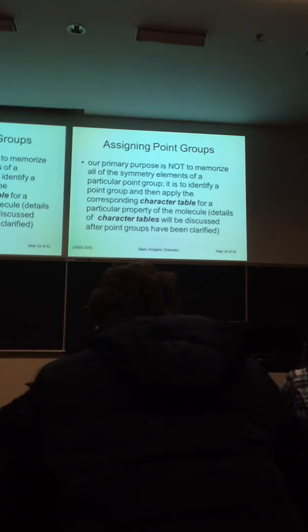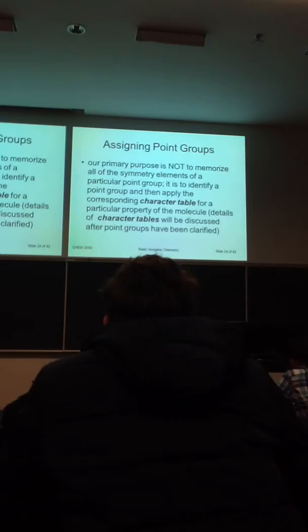We don't want to look at all the symmetry elements of the point group. We want to identify the point group. Now, this is where I'm skipping a lot of math. I'm just going to the point where what we do is establish, based on the symmetry of the molecule, what the point group is. And then there's something called the character table. And the character table is associated with a particular point group.